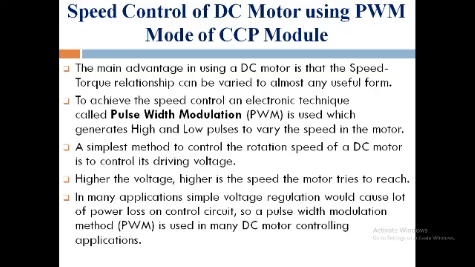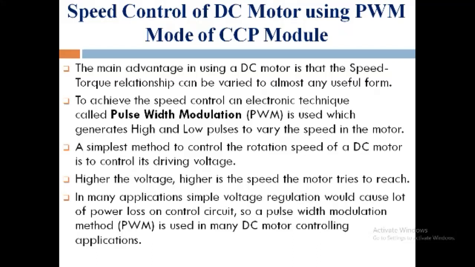A simplest method to control the rotation speed of a DC motor is to control its driving voltage. The higher the voltage, the higher the speed the motor tries to reach. That is, the motor speed is directly proportional to the voltage given to the motor.